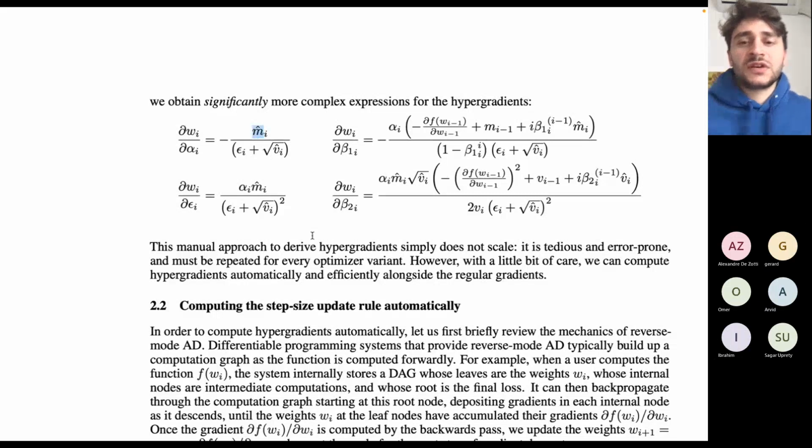They point out two things. One, calculating the analytical formula for the gradient every time for every different hyperparameter is tedious and error prone.